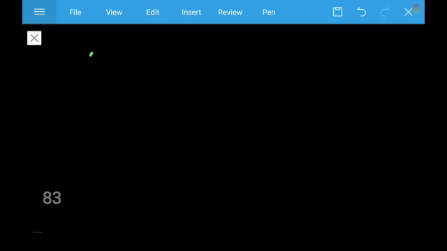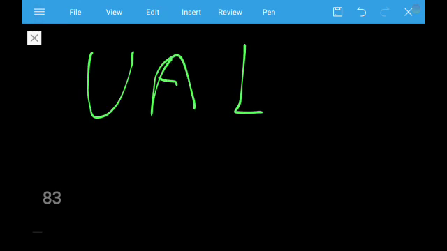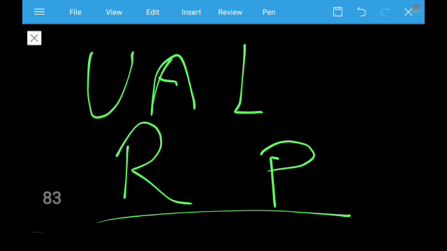Now the uni-axial loading on a rectangular parallelopiped.